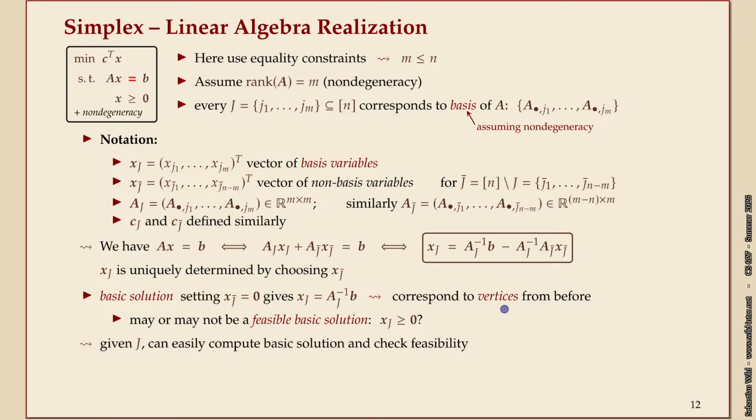And these special kind of solutions, so the x's you get by taking xj bar and setting it to 0 and computing the others from this formula here, correspond to the vertices in the geometric picture. Now, they may or may not be a feasible solution because in general, you don't know whether the base variables are satisfying the non-negativity constraints. They may be negative or not. But if they are non-negative, then they're a feasible basic solution.